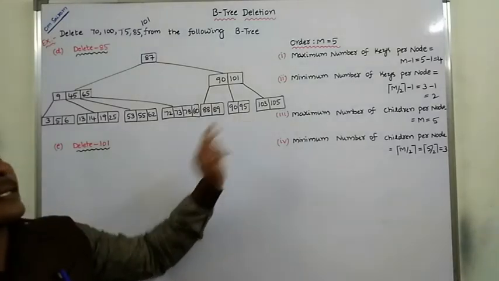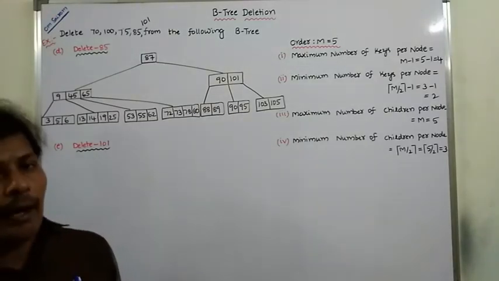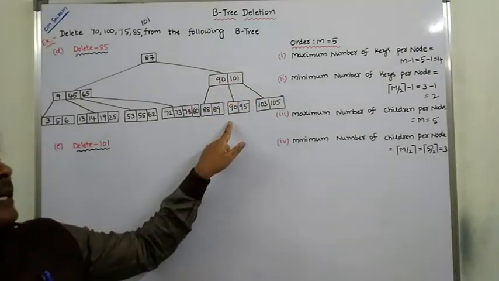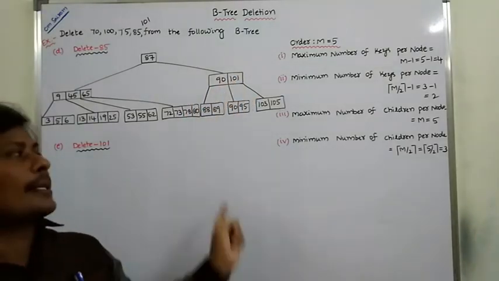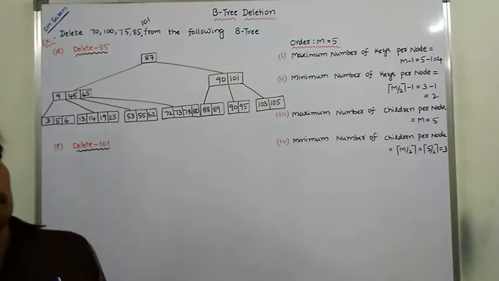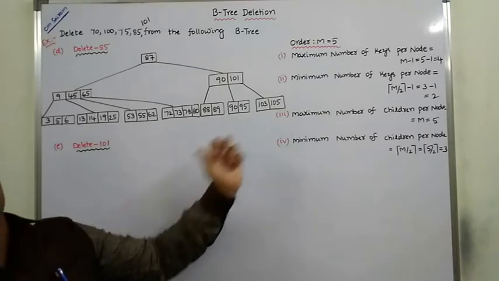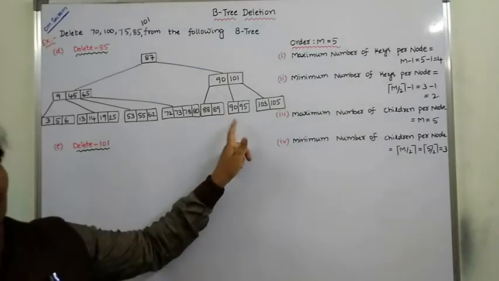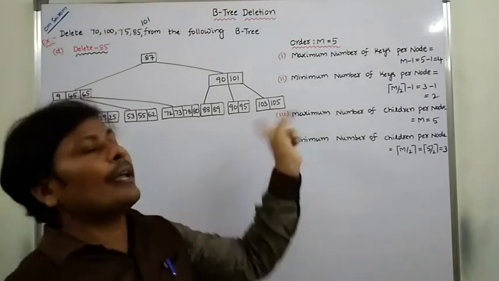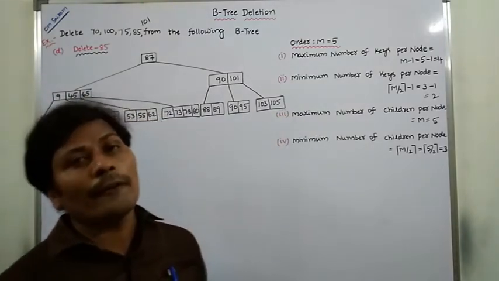So both cases are not possible. The left subtree contains the minimum number of key elements and the right subtree also contains the minimum number of key elements.